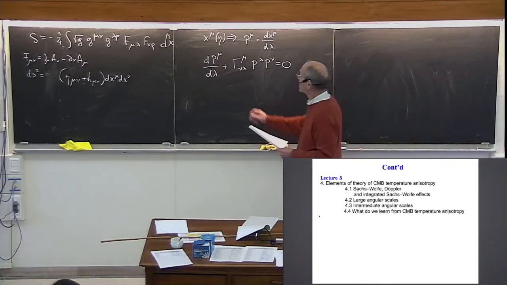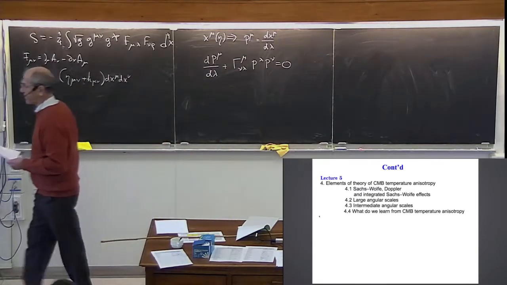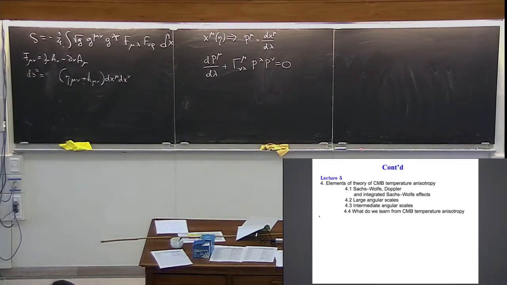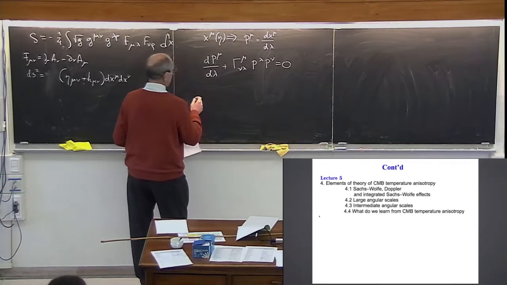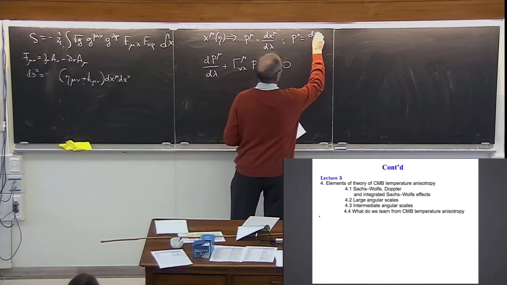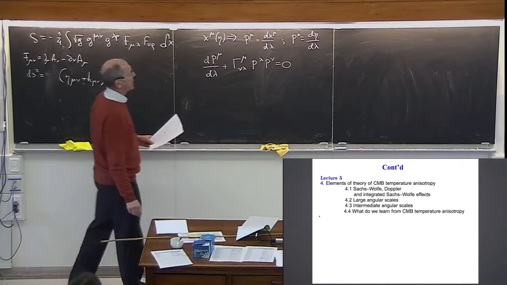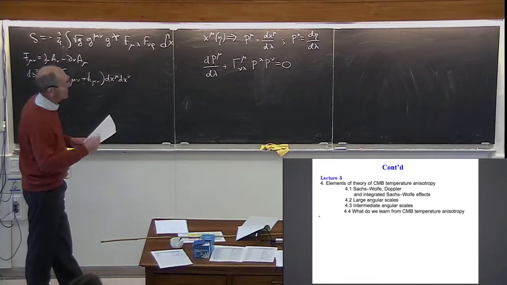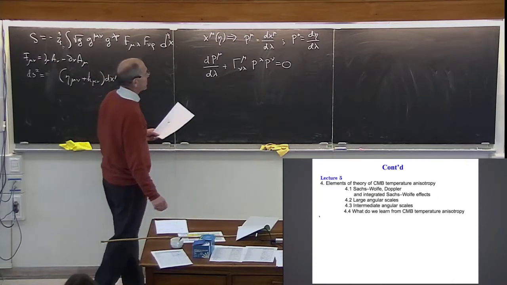And this tells you, among other things, how the photon frequency, how the photon energy p^0 evolves as the photon travels, right? So let me say that p^0 is dη/dλ, where η is the time along the photon world line.